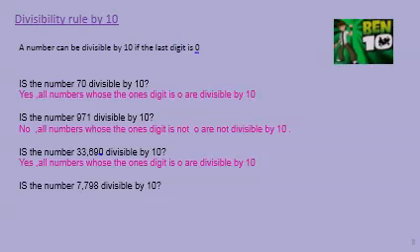And this number 7,798, is it divisible by 10? Does it have a 0 at the end? No. So this number is not divisible by 10. Also, we are going to watch the last video for this lecture, and then we are going to solve an exercise that includes everything.